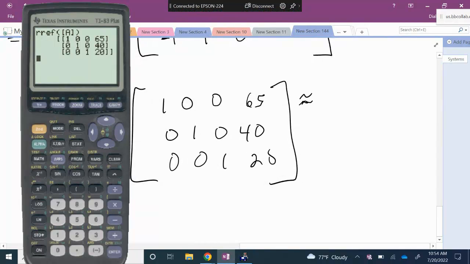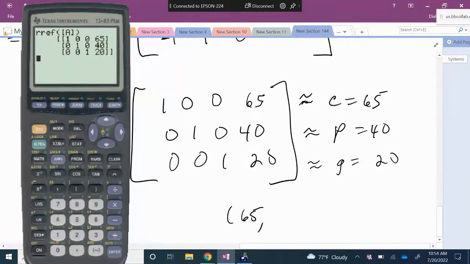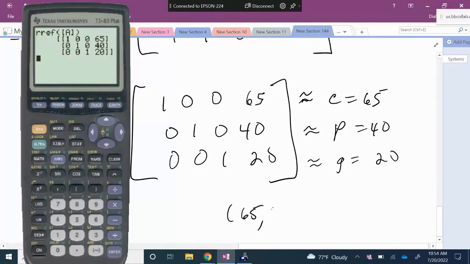So we have that first equation as C is equal to 65. P is equal to 40 for the second equation. G is equal to 20 for the last equation, which gives us our ordered pair solution of 65, 40, and 20.